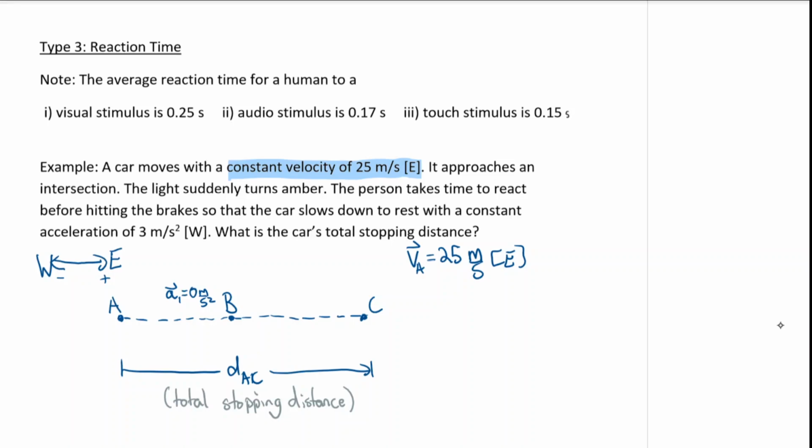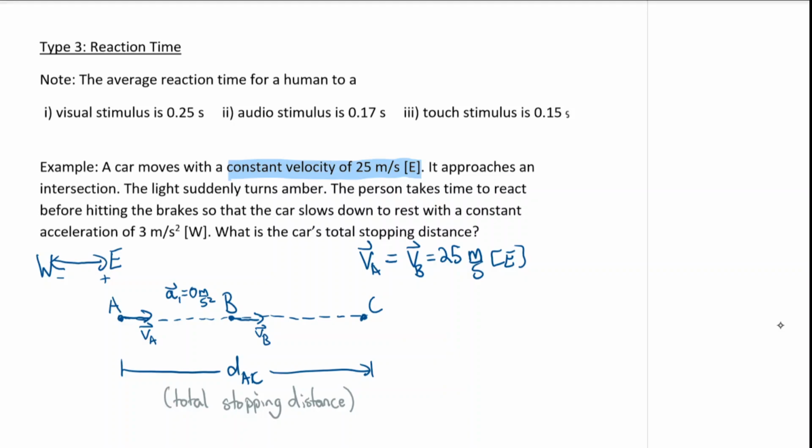So I'm starting with this initial velocity of 25 meters per second. That's my VA. I'm moving at constant velocity, so my velocity at VB is still going to be 25 meters per second. So VA equals VB, and they're both equal to 25 meters per second east.